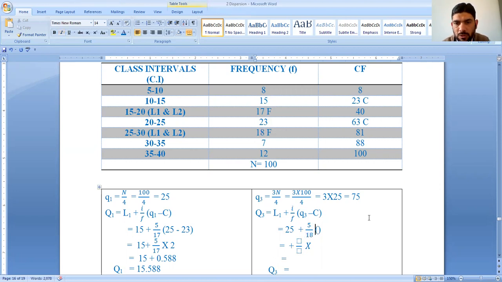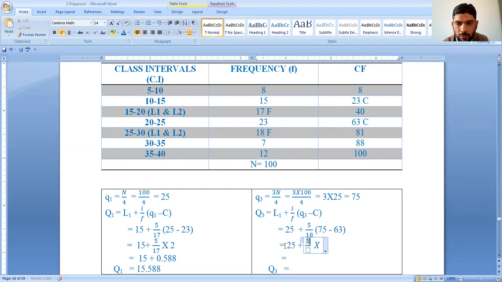Now Q3, that is 75 minus C. C is 63. Again 25 plus 5 upon 18.